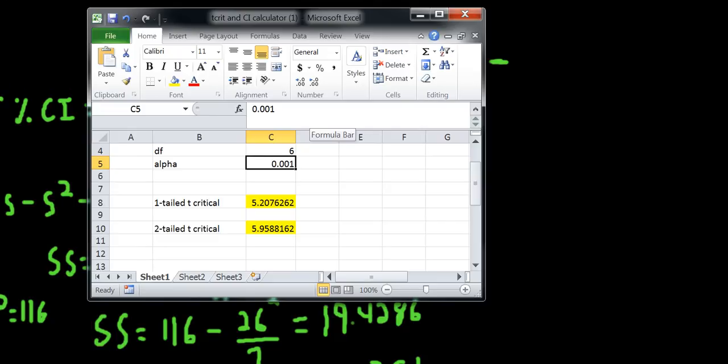We're looking at a 95% confidence interval, so 1 minus 0.95 will give us the alpha level that fences in 95% of the distribution, and fences out on either side 2.5% of the distribution. So we'll want an alpha of 0.05 for the 95% confidence interval, and we'll focus on the two-tailed value of 2.4469.